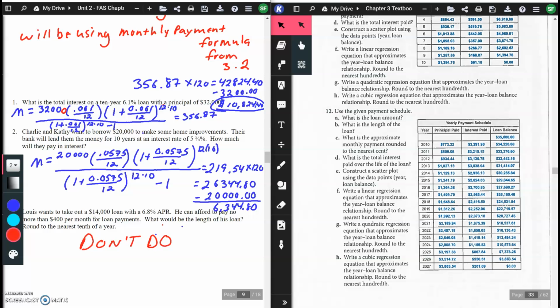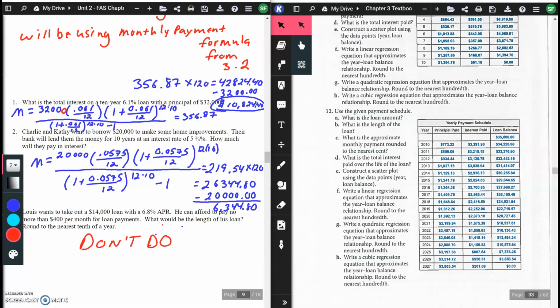When you do this, you'll find out that your monthly payment is $356.87. So per month, that's what you pay. Now, take that number and multiply it by 120 up here at the top, because you have 10 years worth of payments. There are 12 months in a year, so 12 times 10 is 120. So monthly payment times 120 gives you a total amount that you're paying of $42,824.40.